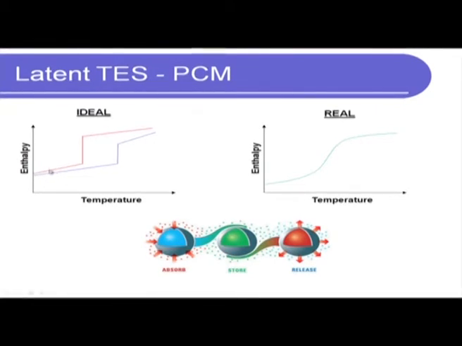What happens? The temperature at the beginning is going to rise, because this is sensible heating, still in the solid state, and then at some point this temperature, for this material marked in red, corresponds to its melting temperature.